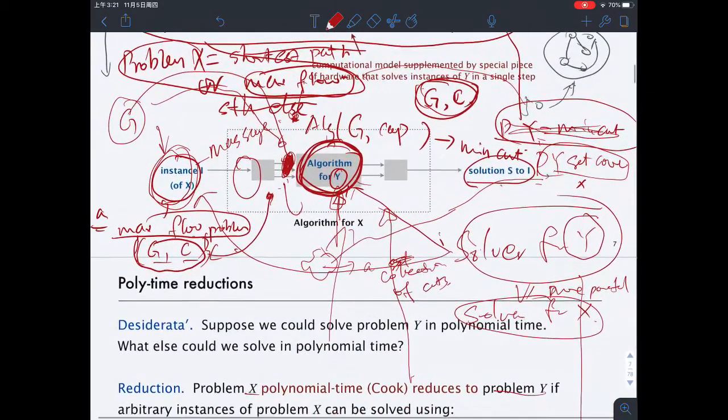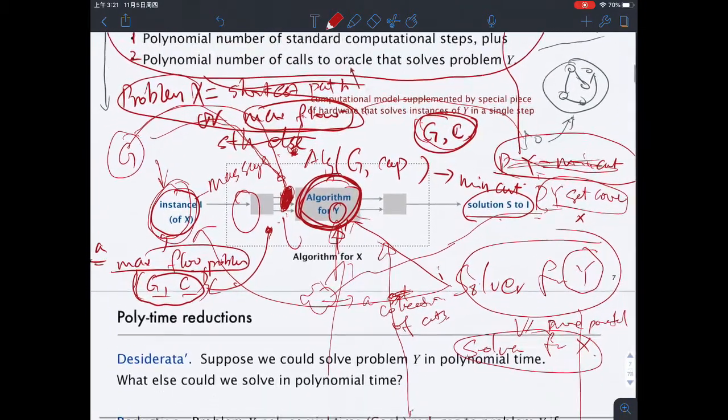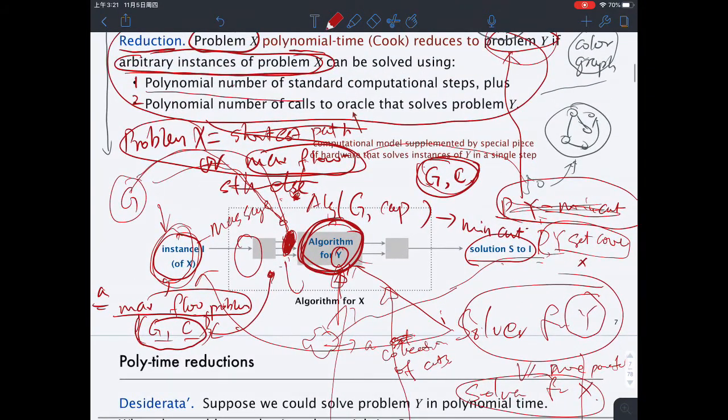The reason is that we really have to write the entire instance out, and in the definition we only require the number of steps beyond the invocation of the oracle, right?